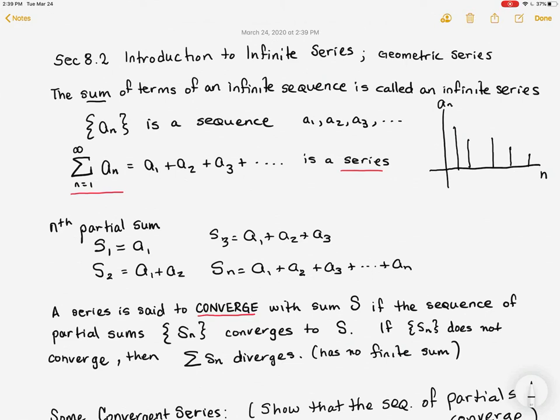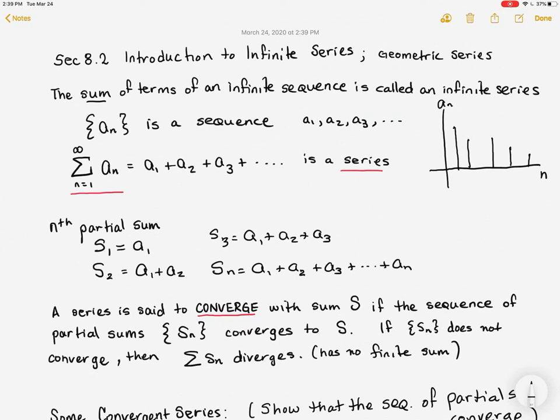One of our theorems that we'll deal with here is that a series is going to converge with a sum of S if the sequence of partial sums, formed like I did above, converges to S. Now that's cool because that's a sequence. If we can find a general formula for the sequence of partial sums, a general term for it, and it has a limit, then that's the sum of the series.